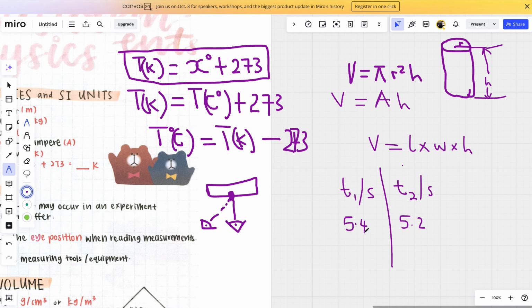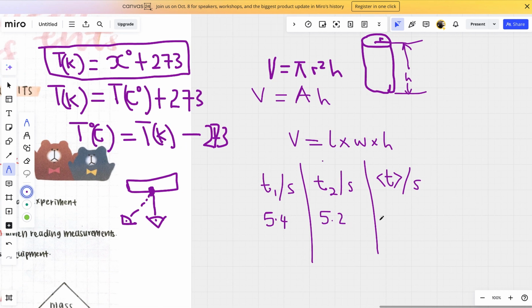You can see? So here you will now find the average time, T average. Average time means you add T1 plus T2 divided by 2. If you do only 2 times, you divide by 2. If you do 3 times, you divide by 3. So you say 5.4 plus 5.5 gives 10.6.